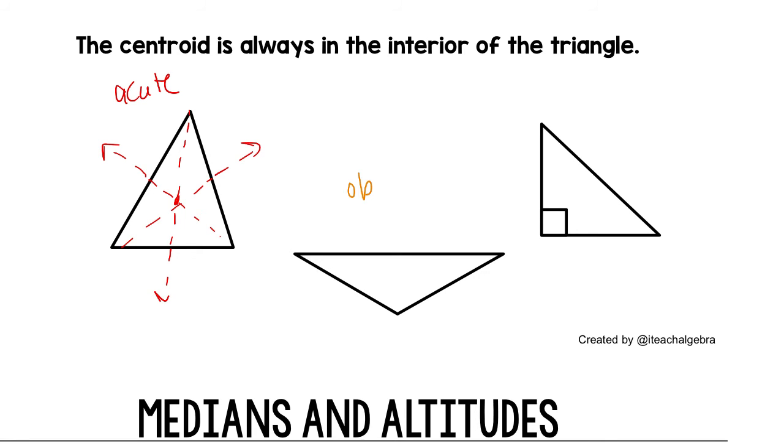We have an obtuse triangle here, and our medians look like that one and like that. So centroid is right there in the center. Last but not least, this is a right triangle, and the centroid is in the center. Makes it pretty easy to predict where it might lie.